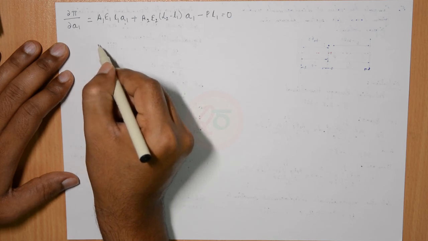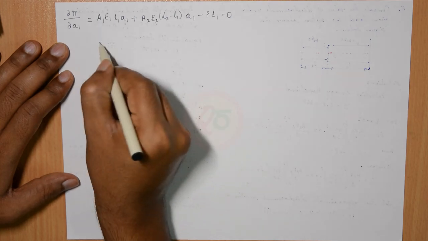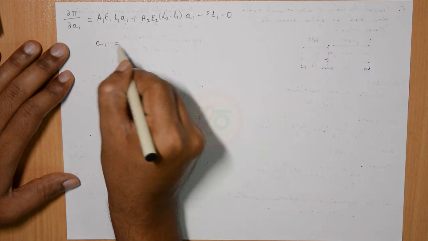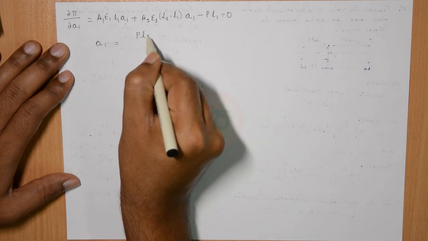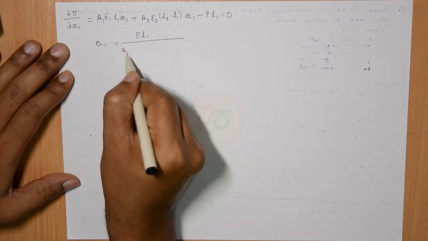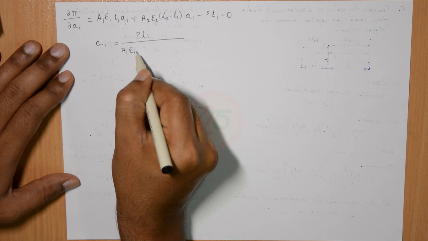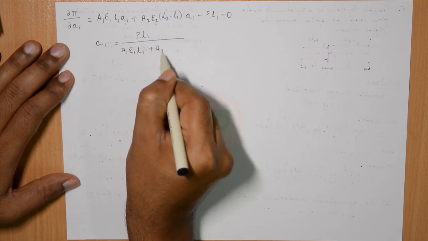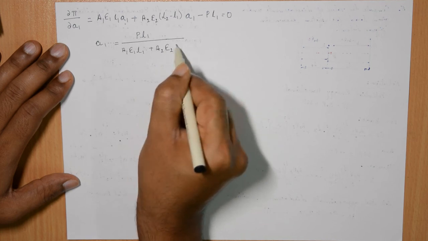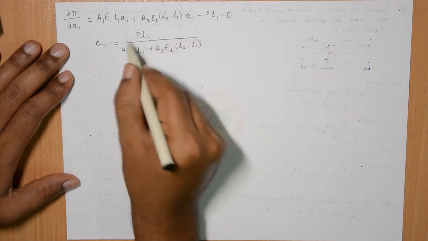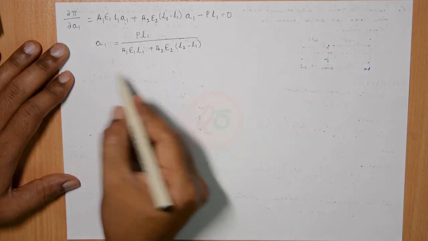So simplifying this, you will obtain a1 as P L1 divided by A1 E1 L1 plus A2 E2 into L2 minus L1. So this is the value of a1.